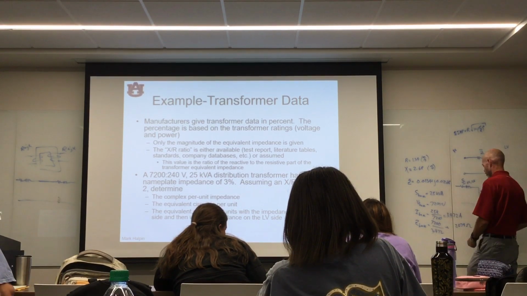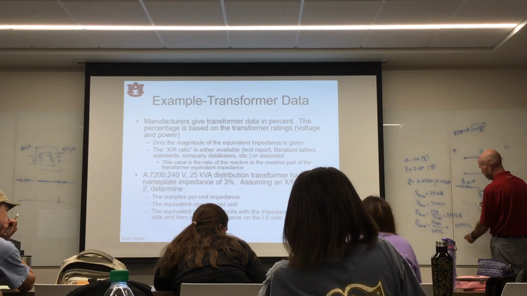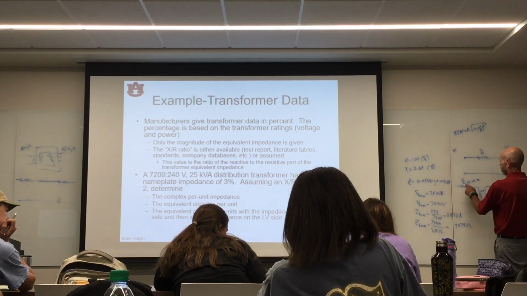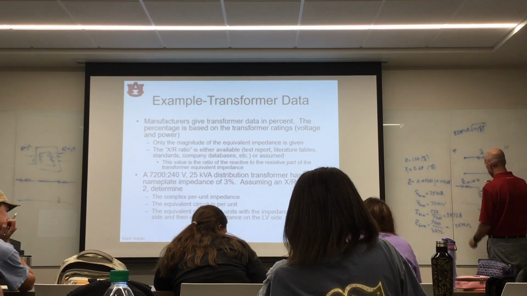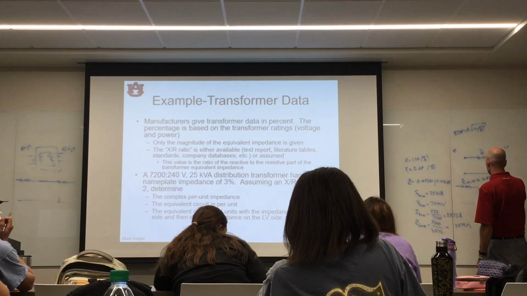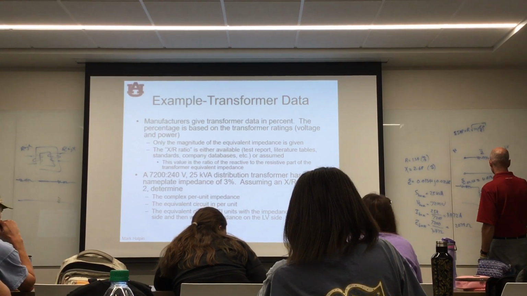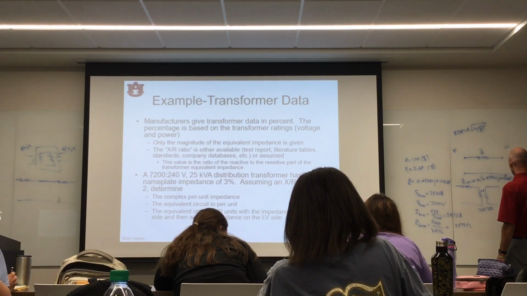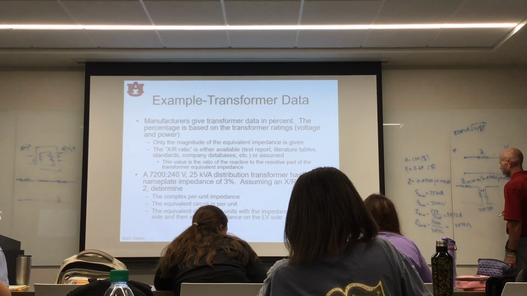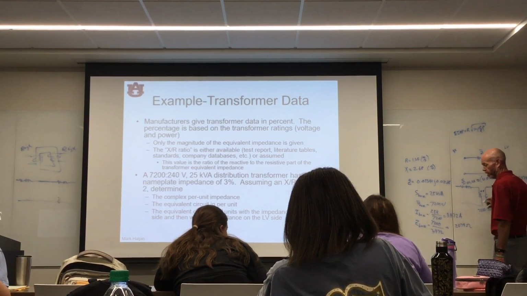Okay, so now I can write down that the impedance on the high voltage side of the transformer in SI units is 0.0134 plus j0.0268, which is a complex number, times 2074. And of course, now that's going to be back in ohms.